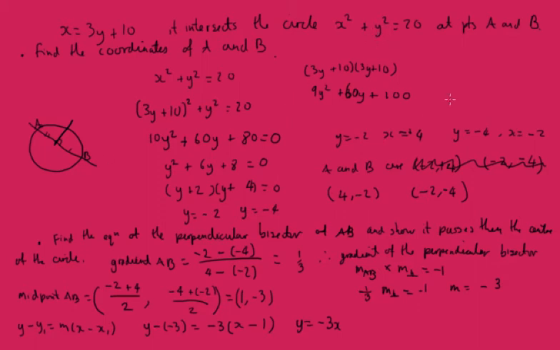The centre of our circle is 0, 0. So if x equals 0, y must be 0 on our line. Therefore, y equals -3x passes through the centre.